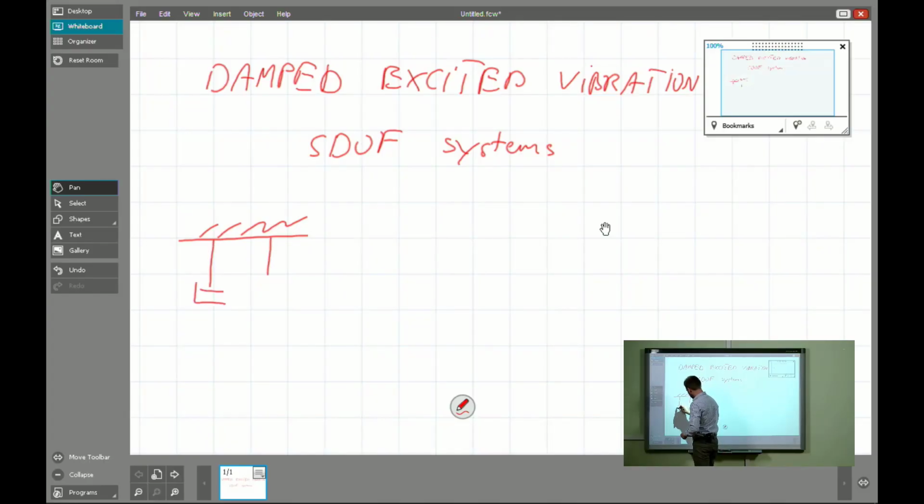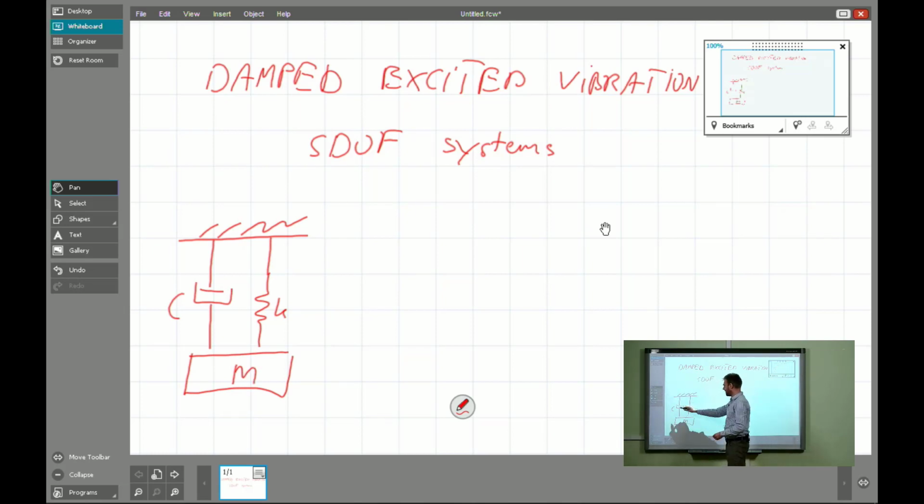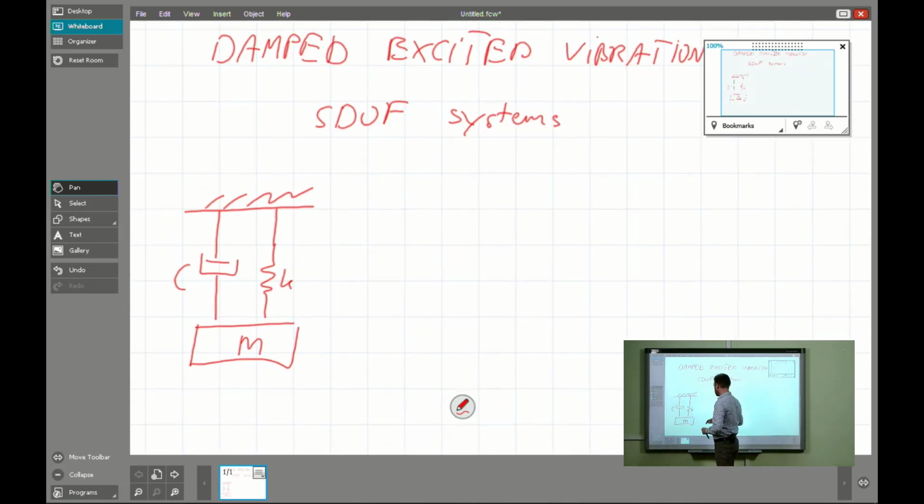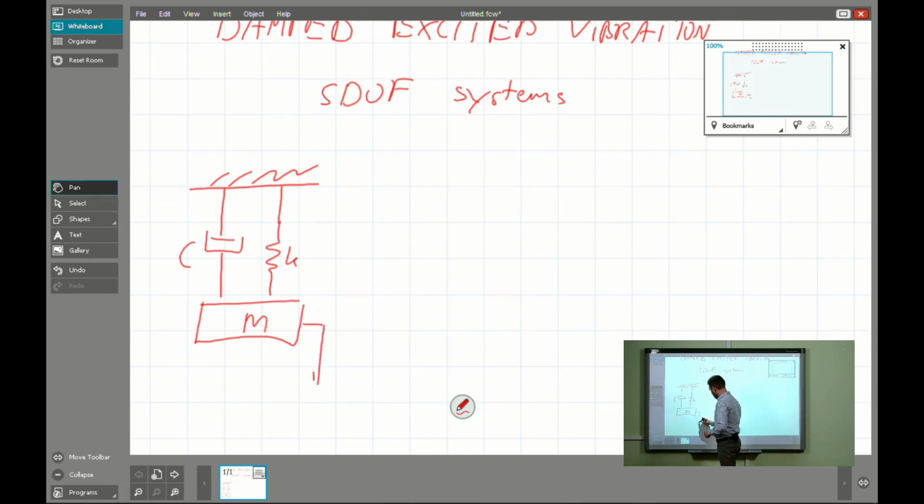We had a damped harmonic oscillator with the mass m, stiffness k, and the damping coefficient c, and there was the excitation F0.